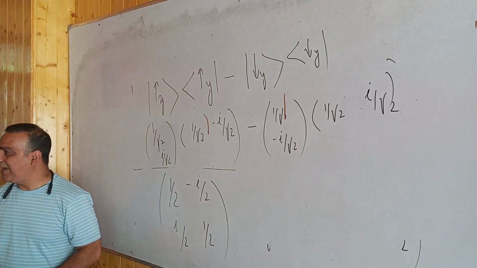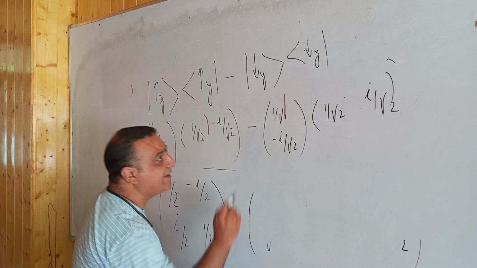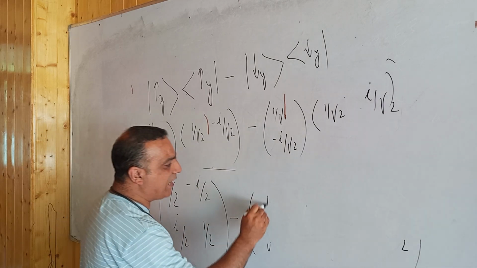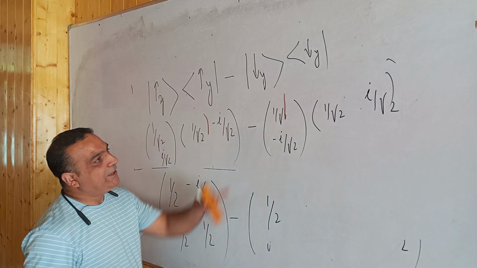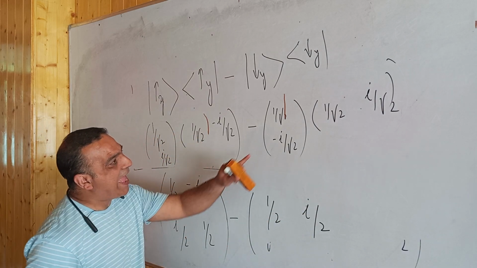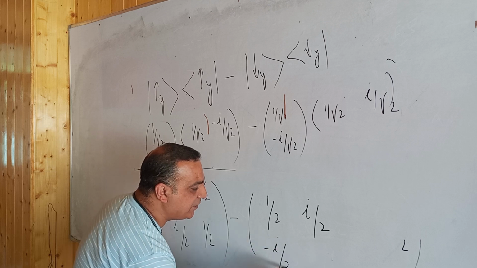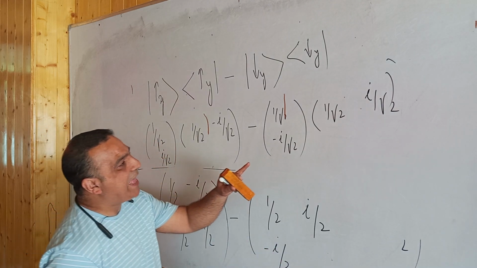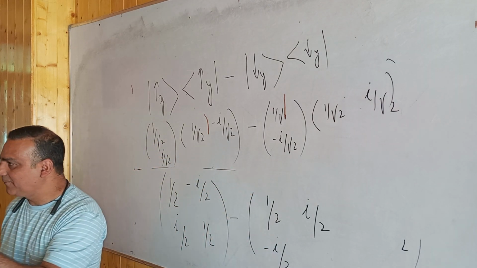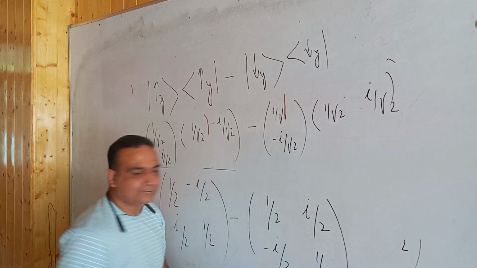Fine? Right? So I will have my own negative sign here again, so I'll go with the multiplication: you will have 1 by 2 here, then I by 2 here, then minus I by 2 here, then you will have again plus, so you will have 1 by 2 here.